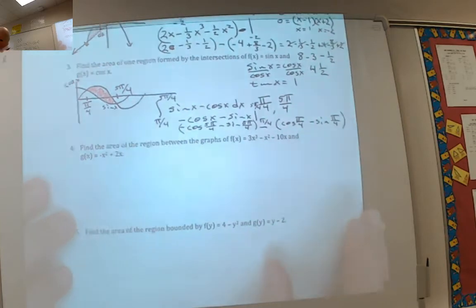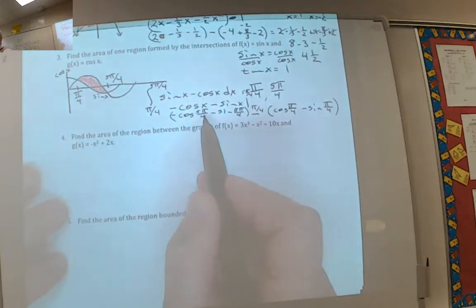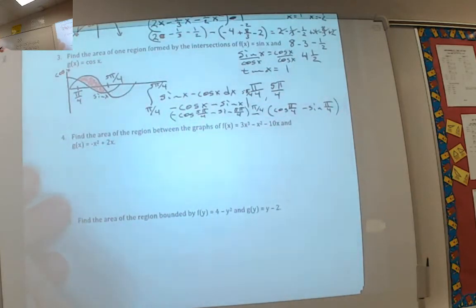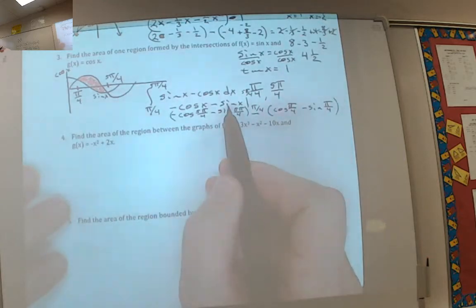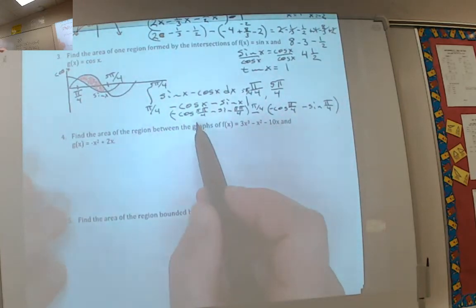Would you agree with that? So what is the cosine of pi over 4, you said? For the second one, you need a negative on the first cosine, right? The second part, the second parenthesis. Right here, this should be negative. Yes. Okay.